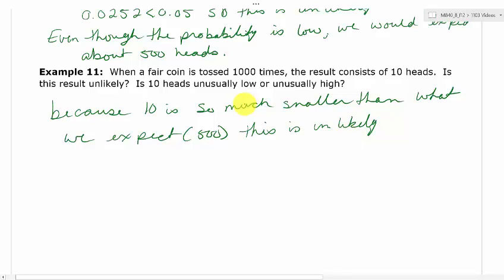Is 10 heads unusually low or unusually high? It's unusually low. We would expect about 500, so 10 would be an unusually low number.